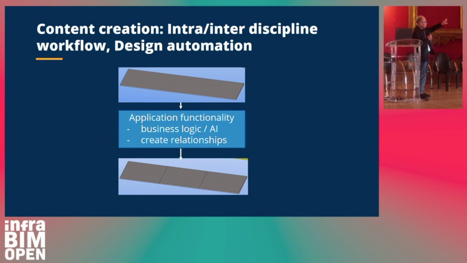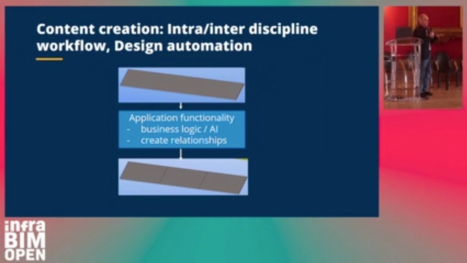And the structural engineer has an application which is specifically a structural engineering application. It can take the architect's slab and help the structural engineer semi-automatically or fully automatically, or mostly manual, to create his own representation of that slab, which is the structurally functional parts of that slab.